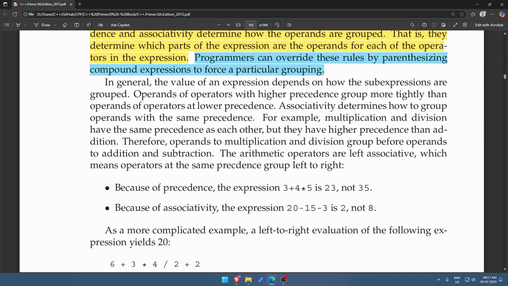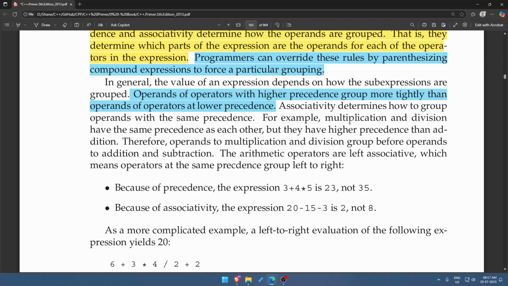Operands of operators with higher precedence group more tightly than operands of operators with lower precedence. Associativity determines how to group operands with the same precedence.